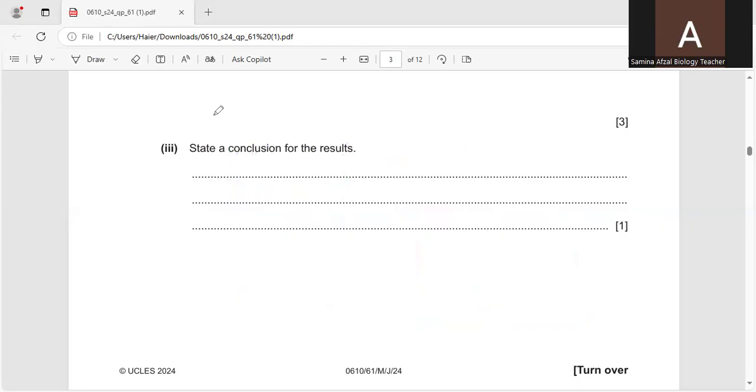So, state a conclusion for your results. We can write in this way.